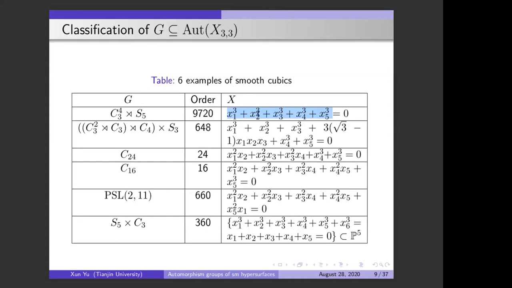But for quartic K3, the full automorphism group is actually infinite. But for finite symmetry, there is a result of Kondo saying that the linear automorphism group of the Fermat quartic K3 in P3 actually determines the Fermat quartic uniquely among the K3 surfaces.